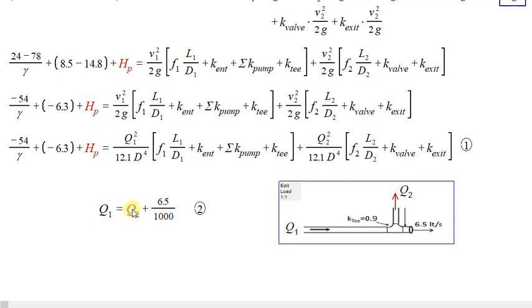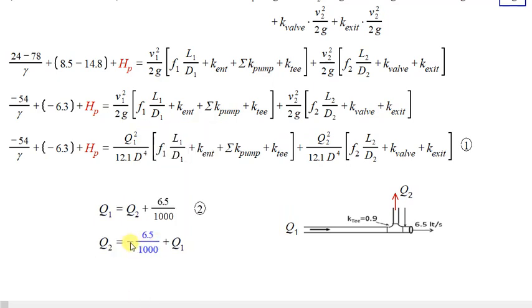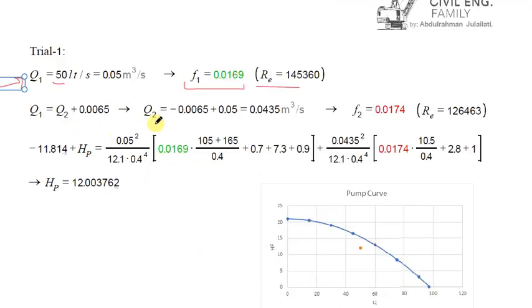So Q2 will be calculated by Q1 minus this one. After that, the only unknown will be HP, head of the pump. After I solved for head of the pump, it was 12.